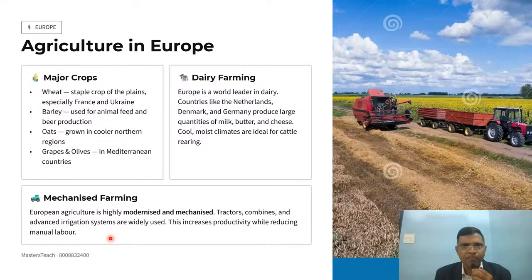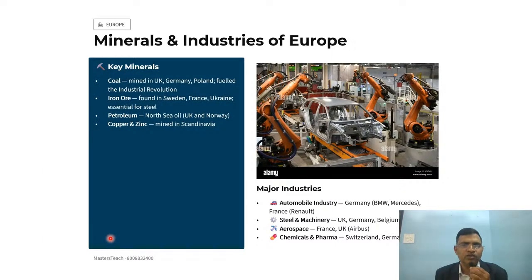Okay, that's the thing. And now to minerals and industries in Europe. Key minerals available here are coal mines in the United Kingdom, Germany, and Poland, due to which the coal industrial revolution took place in the UK and Germany.